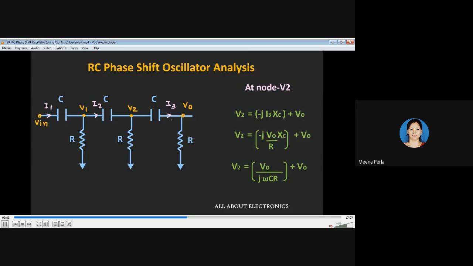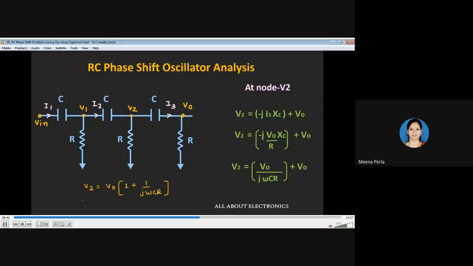Now, this current I3 is flowing through the resistance R, so the output voltage V out is nothing but I3 times R, or we can say that the current I3 is equal to V out by R. If we put the value of XC as 1 upon omega C, we can write the expression of V2 as V out divided by j omega CR plus V out. That means V2 will be equal to V out times 1 plus 1 by j omega CR.